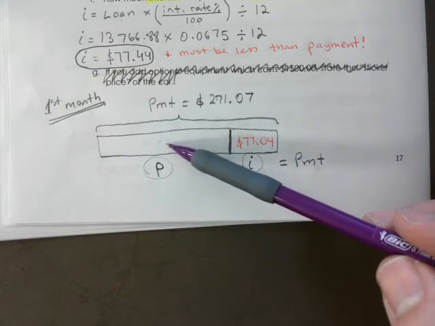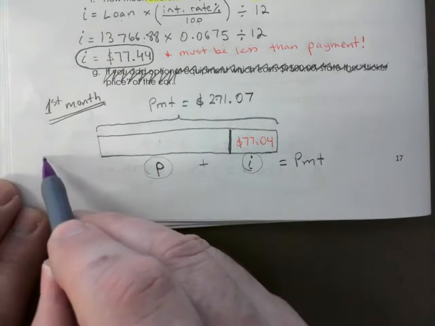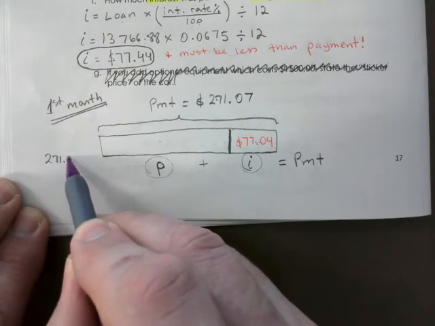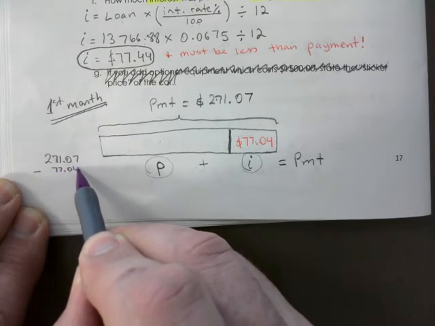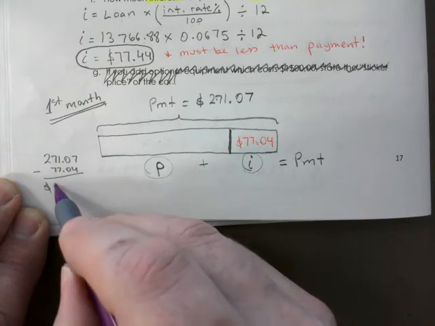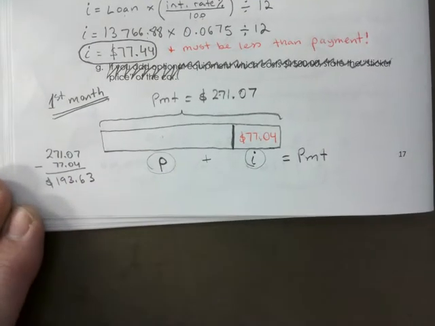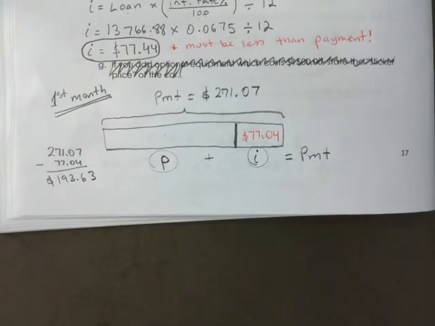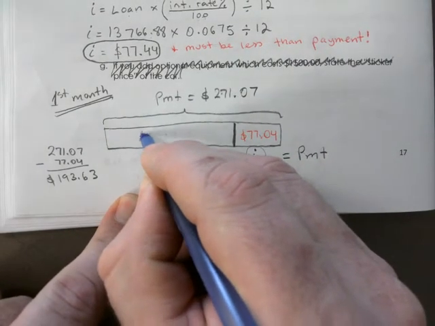It will give us the principal portion of this particular payment. So I'm going to go 271.07 minus 77.44, and that is 193.63. Okay. And so that is what goes in this side of the bar.